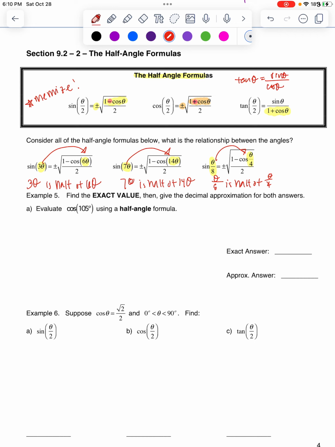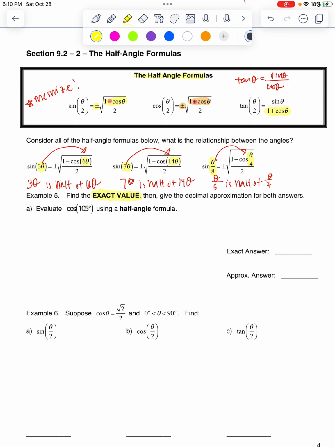So for example 5, it's asked us to find the exact value, so that means we're going to have to leave one of our answers in radical form, and then give the decimal approximation. We'll plug those into our calculators. So it says evaluate cosine of 105 degrees using our half angle formula.